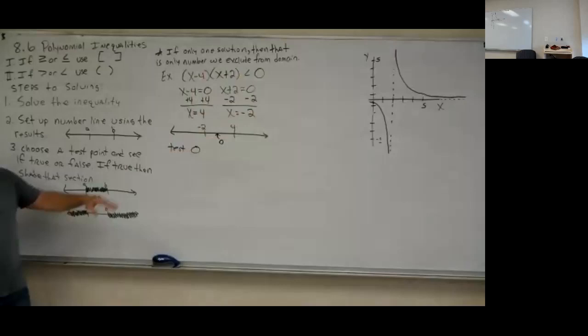All right, so here we go. That's going to give me 0 minus 4 times 0 plus 2 has to be less than 0. So what's that, a negative 4 times 2 less than 0? Negative 8 less than 0. True or false? Yeah, it's true.